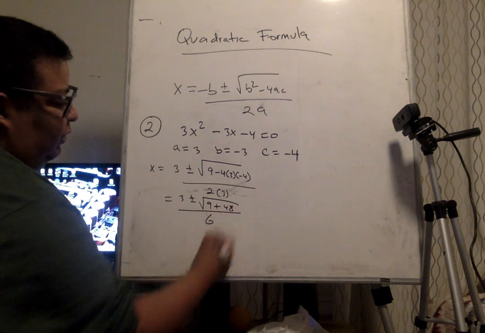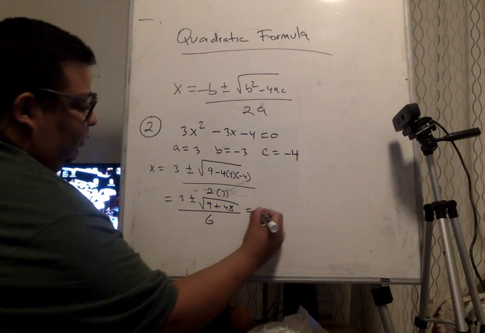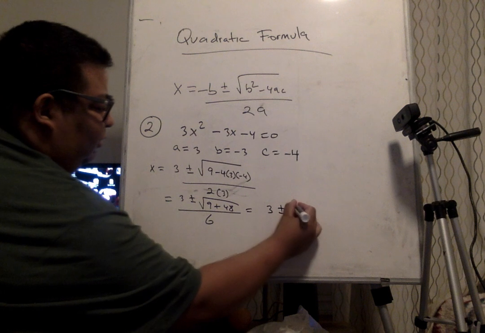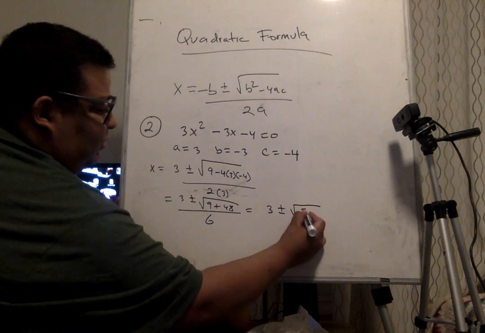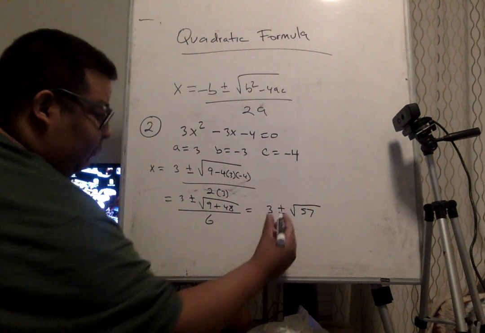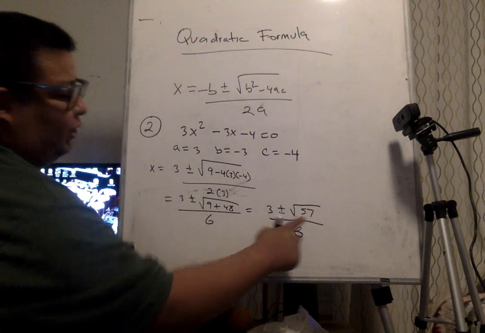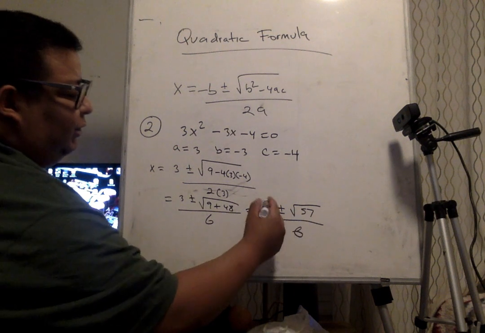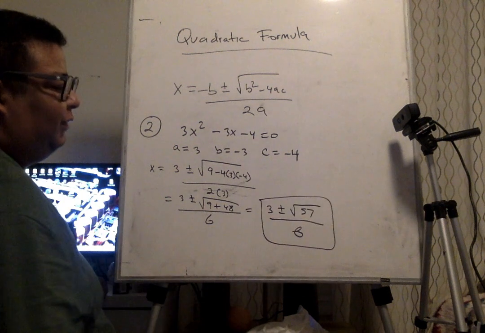So 9 plus 48 is 57. You're going to have two answers: 3 plus or minus the square root of 57, all over 6. You cannot reduce this square root, so you just leave it like that, and there you have your two answers.